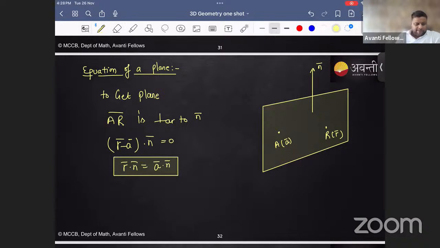Am I clear? Have a look. So R dot n is A dot n. This is the equation of plane.